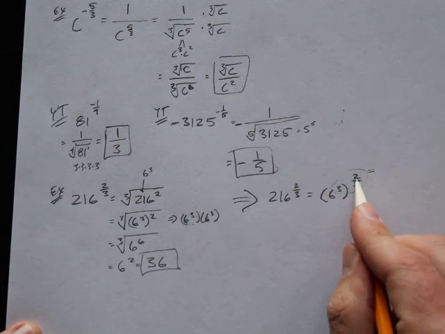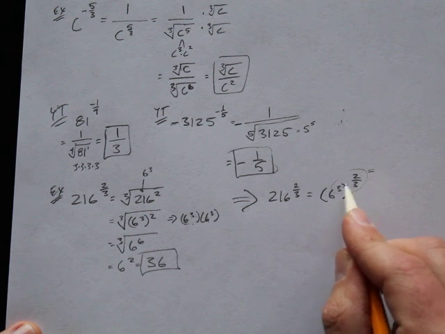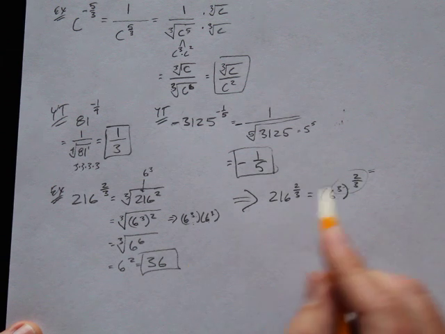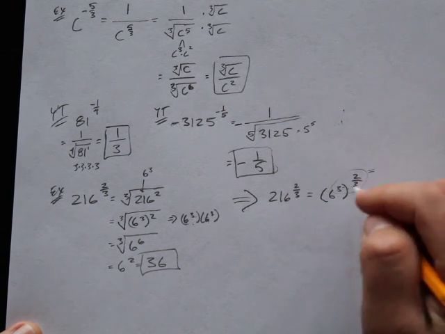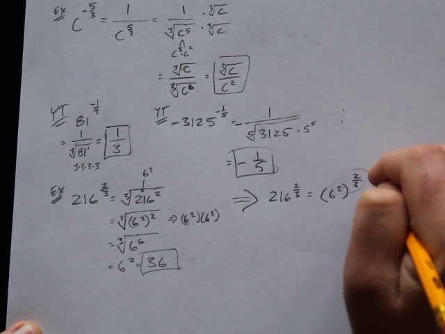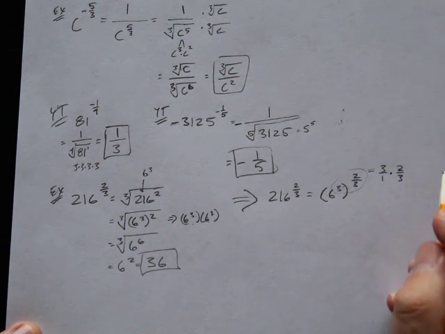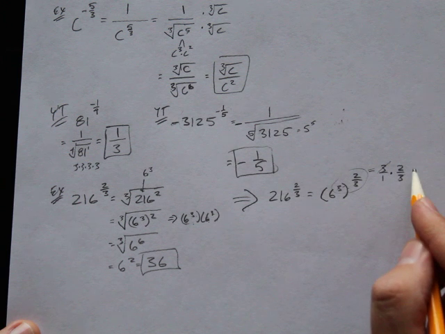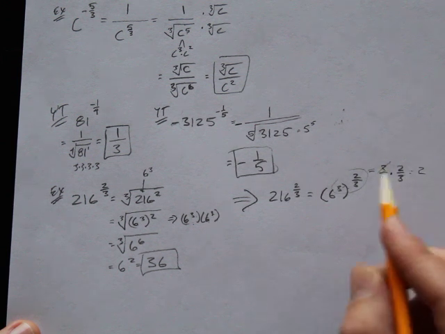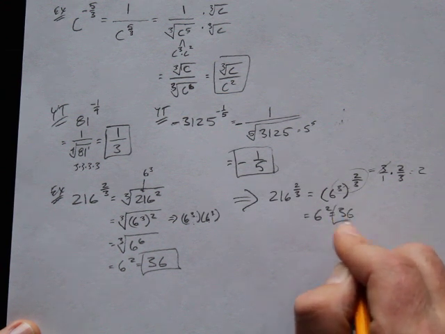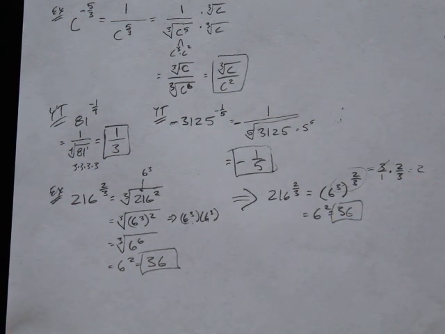When I raise an exponent, I can multiply these instead of add them. Like I add here, but I multiply here when I raise it to the power. So I've got 3 over 1 times 2 over 3. And so these 3's cancel out, and I end up with 2. So this becomes 6 squared, which is 36. So that's another way to look at it.